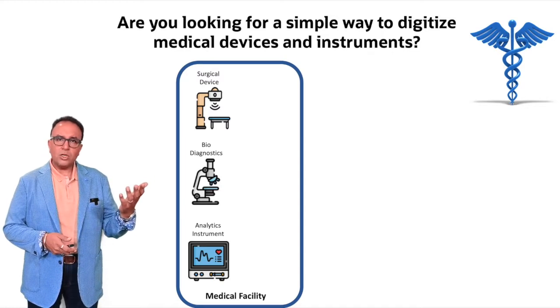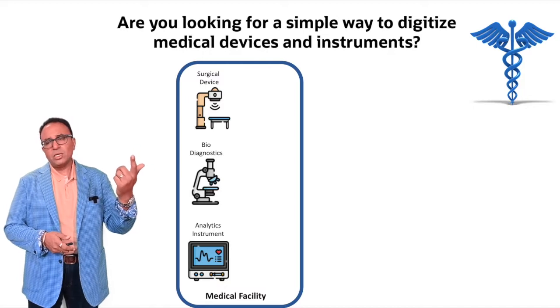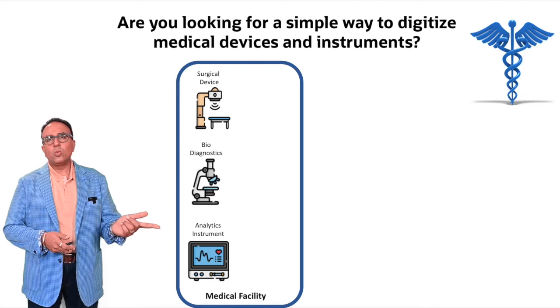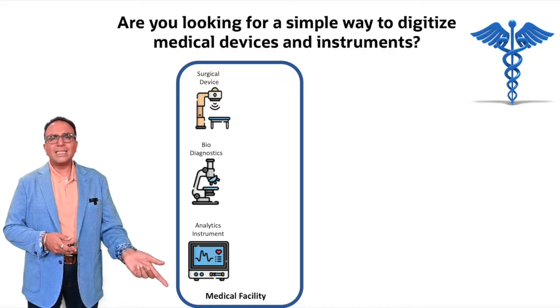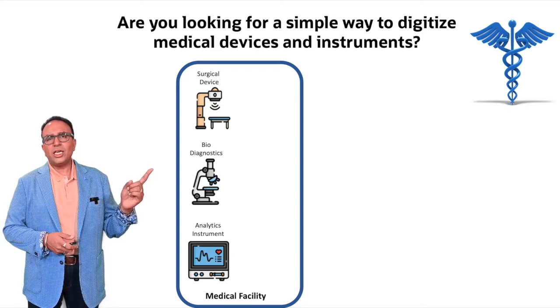So in the top here you can see you may have a surgical device which may be in the theatre. You may have a biodiagnostics device which you use to do sampling with, whether it's blood or other biosamples. And you may have an analytics device which is used in some way or form in doing continuous diagnostics with patients.